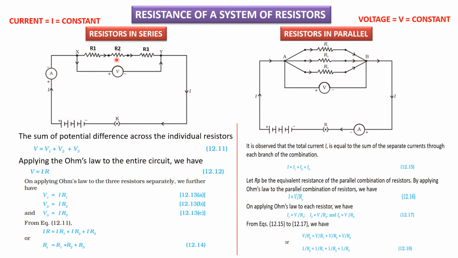Resistance of a system of resistors. Very interesting one. You have seen resistors in series and resistors in parallel in your previous classes. Now let us get into some detail. Resistors in series means one behind the other or one adjacent to the other. You can see this is the resistor R1, R2, R3.